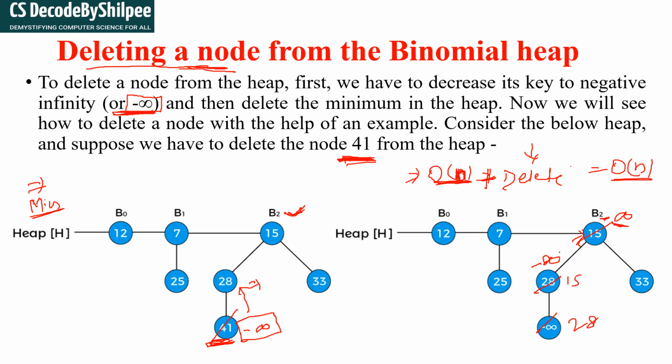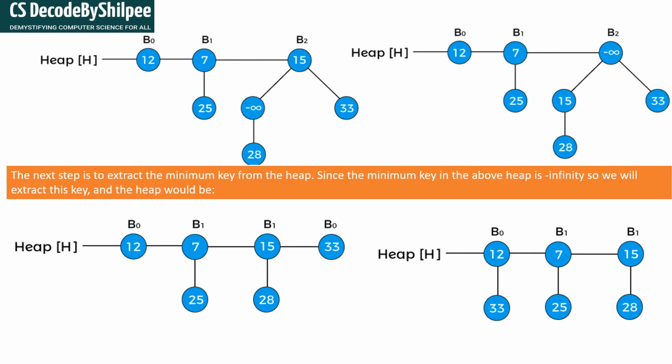After reaching minus infinity at the root level, we delete the minus infinity. If you observe here, same thing: minus infinity came here, then checked with 15, failed again, so minus infinity came here. Now there is no parent, so now I am going to delete this minus infinity.